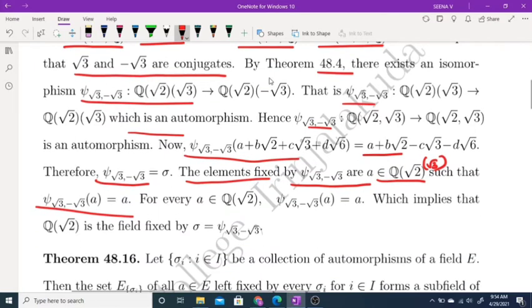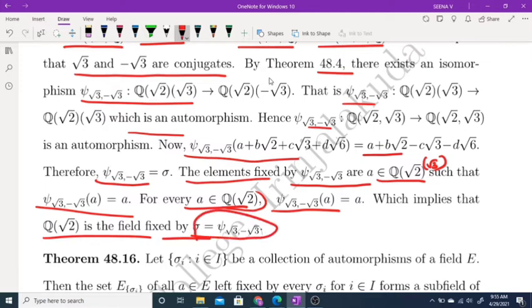For any a belongs to Q of root 2, psi root 3, minus root 3 of a equals a, which implies Q of root 2 is the field fixed by sigma. Therefore, the field fixed by sigma is Q of root 2.